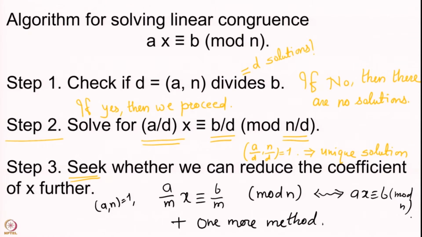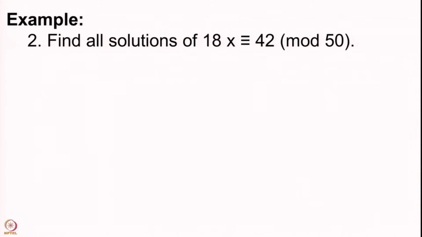So, let us go towards solving this. We want to solve 18x congruent to 42 modulo 50. The GCD here is 2, as we can see. Step 1 tells us the GCD of 18 and 50: you can cancel out the multiples of 18 from 50.